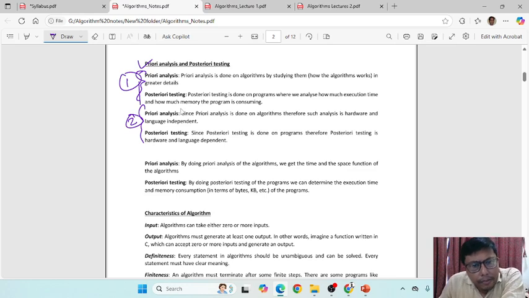So the analysis we perform on algorithms in a priori analysis is hardware and language independent.